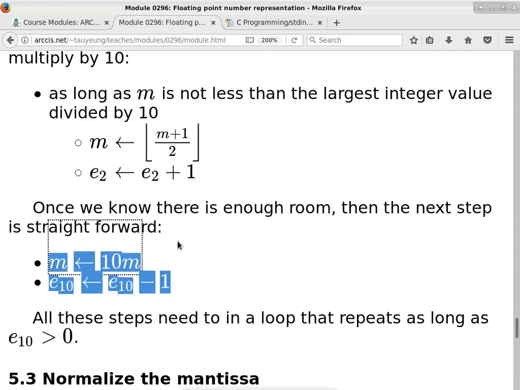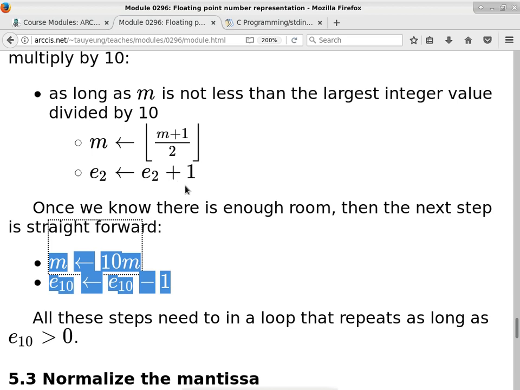You perform these as long as E10 is greater than 0, because the idea is to get E10 down to 0. Are we okay so far with this? This is kind of the flip side of the slide earlier. One is to decrease the E10, the other one is to increase the E10, but the idea is to make it 0 eventually.